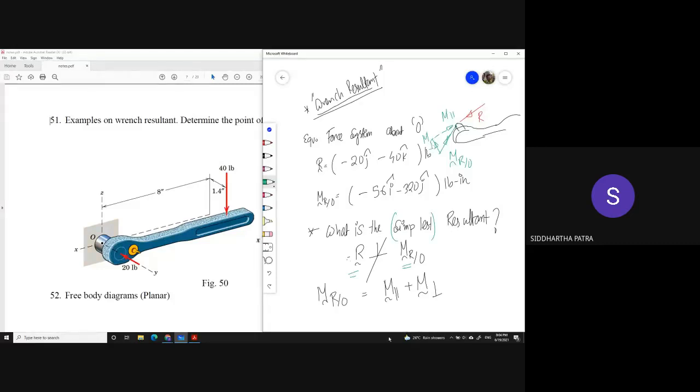Now, can you tell me how much is M perpendicular? You have actually calculated that quantity.